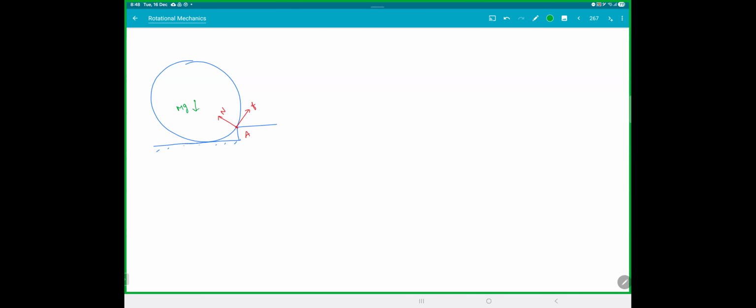So mg is non-impulsive, so we can ignore it. You're just lifting off the ground, okay? You're not touching the floor exactly. You're just about to lift off the ground, so there's a thin gap there. So this is the collision where the rolling motion converts into pure rotation. So we can ignore this thing. So torque about A is 0. Therefore, angular momentum about A is conserved.